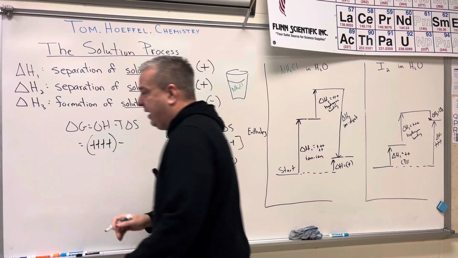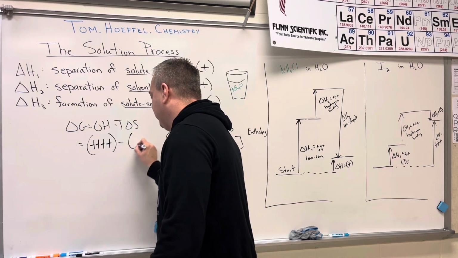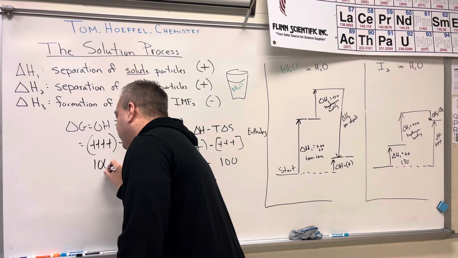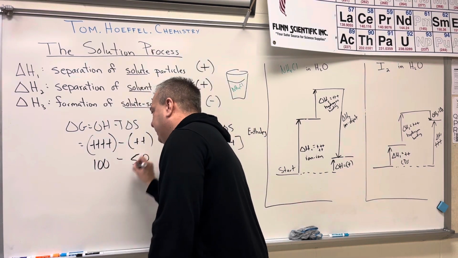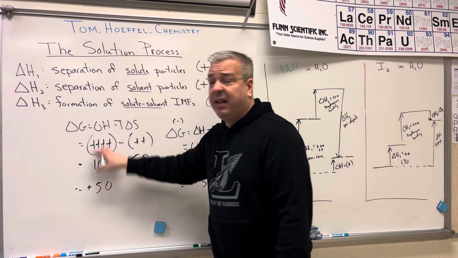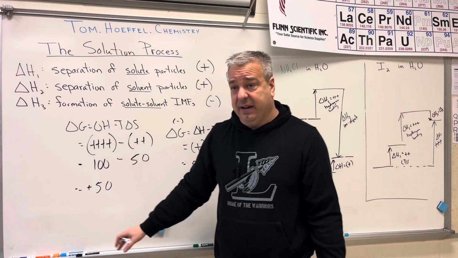And if the entropy change is smaller than the enthalpy change, that would be like doing 100 minus 50, which would give you a positive 50. This is not going to take place.